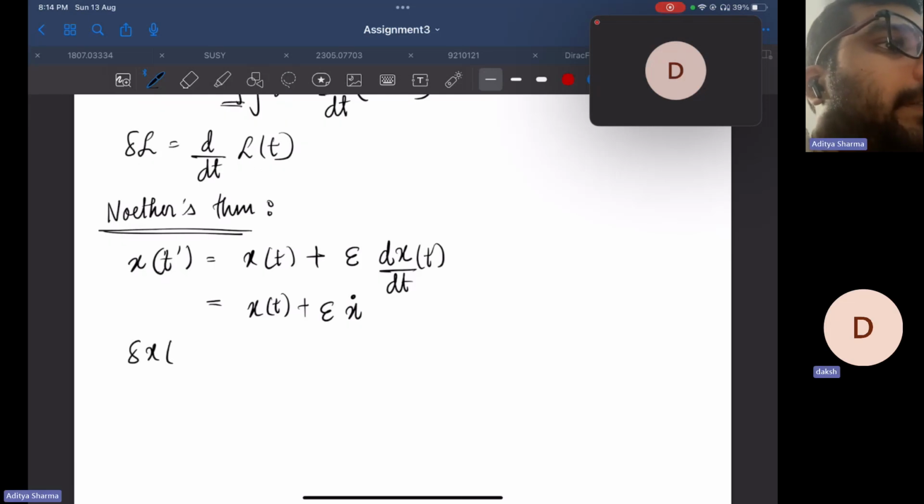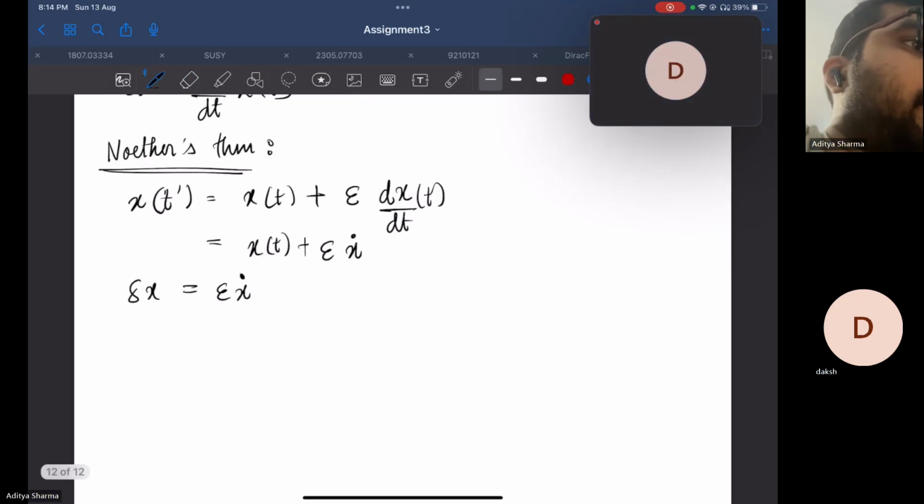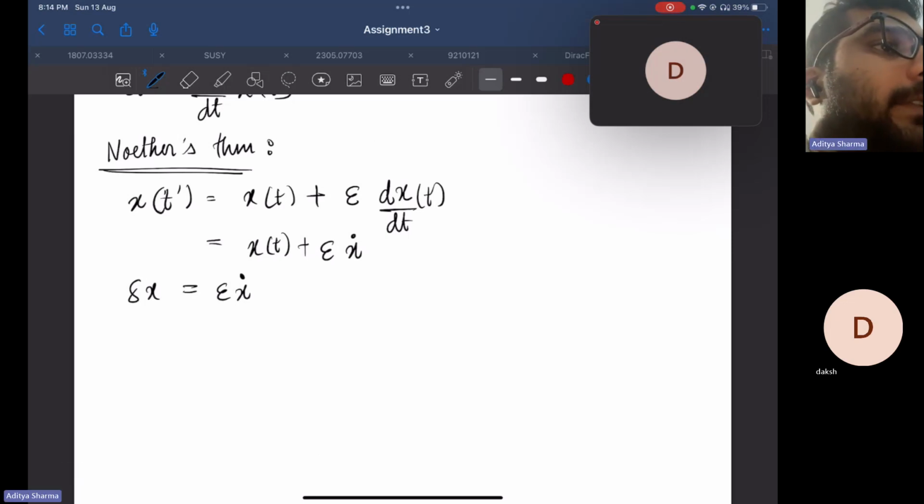Therefore, delta x is equal to epsilon x dot. I'll drop this epsilon also because it's not important. I have found delta x.